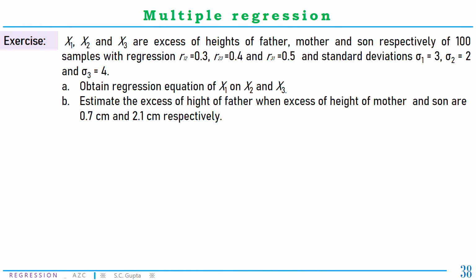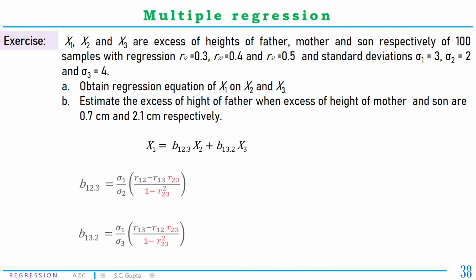First, to obtain the regression equation of x1 on x2 and x3. Second is to estimate the excess of height of father when excess of height of mother and son are 0.7 centimeters and 2.1 centimeters respectively. Here is the regression equation of x1 on x2 and x3.